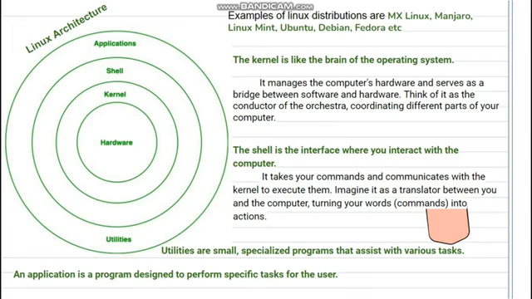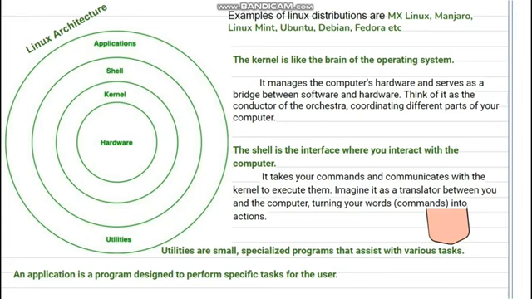For Linux, there are different Linux distributions. As you can see on the screen, we have MX Linux, Manjaro, Linux Mint, Ubuntu, which we'll be using for most of our tutorials, then Debian, Fedora, and so on. Now this diagram on your left shows the Linux architecture.